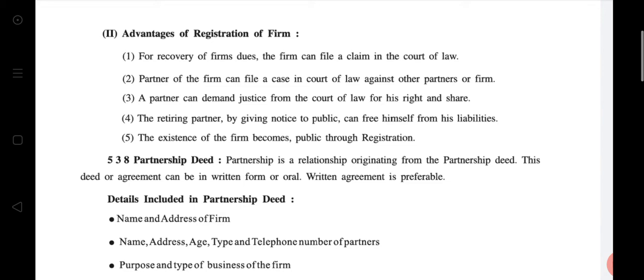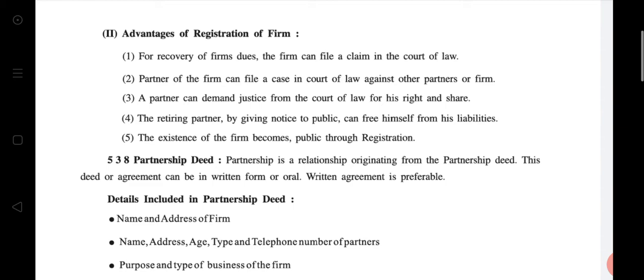A partner of the firm can file a case in a court of law against other persons of the firm. First, for the recovery of firm dues from a third party, the firm can file a case against that person or party in court.